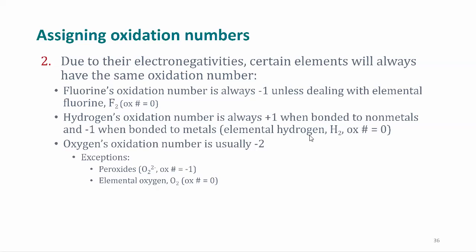The only other exception is if I have a peroxide: that -2 charge on the peroxide gets distributed over both oxygens, so each one only has a -1 charge instead of a -2. But those exceptions are relatively rare. Most of the time, if we see oxygen, we can say -2.